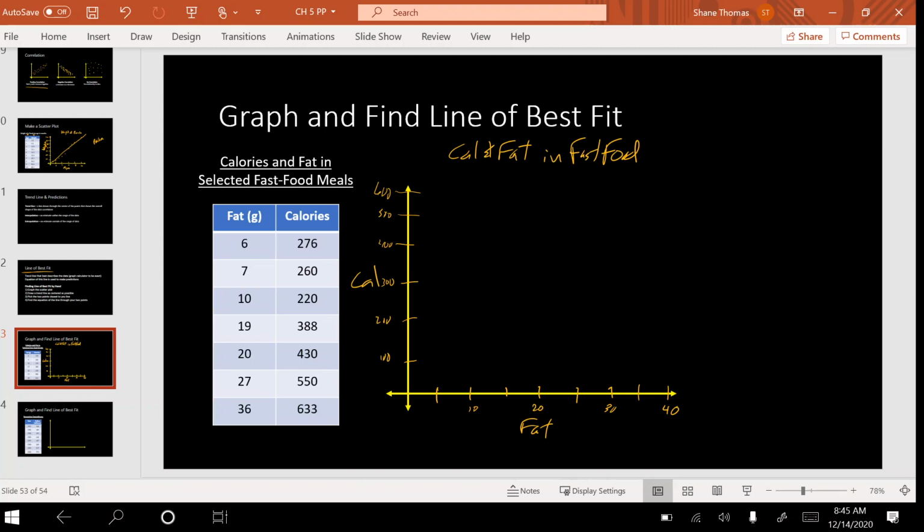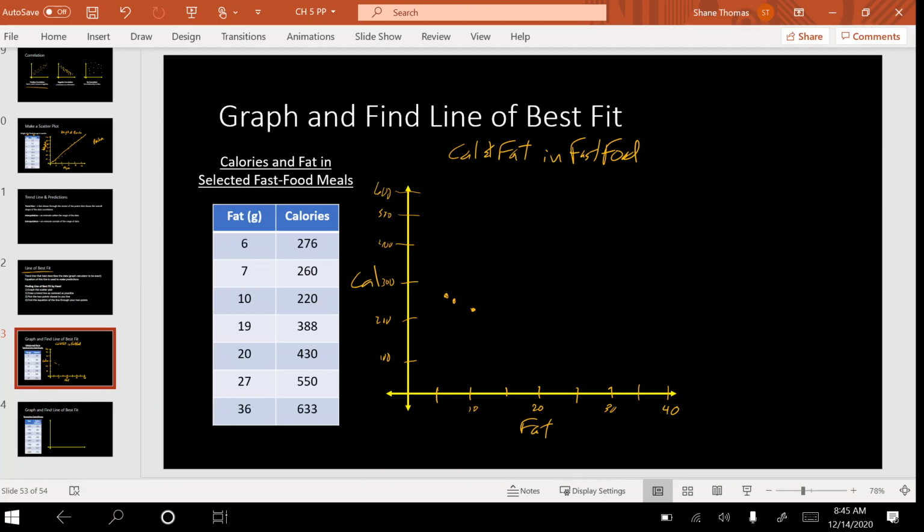So from there, let's go ahead and graph them. The first one is at 6, 276. So 6, 276 would be about there. 7 would be at 260, so it's slightly below this. All right. 10 is at 220.